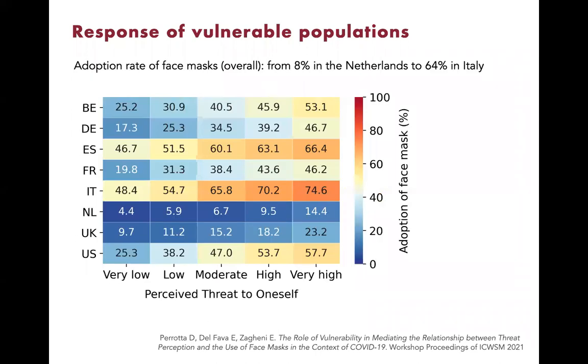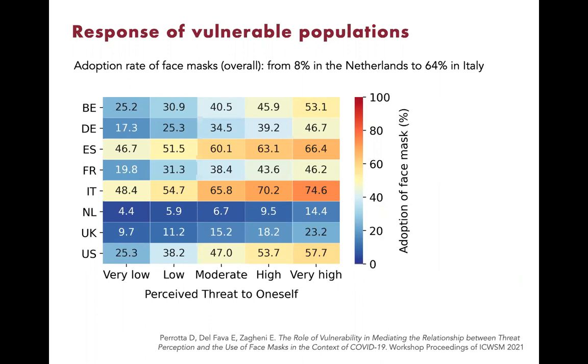So here in the heat map, I show the relationship between the adoption rate of face masks, indicated by the color code, and the levels of threat perception of COVID-19 to oneself, from very low to moderate to very high, by country.